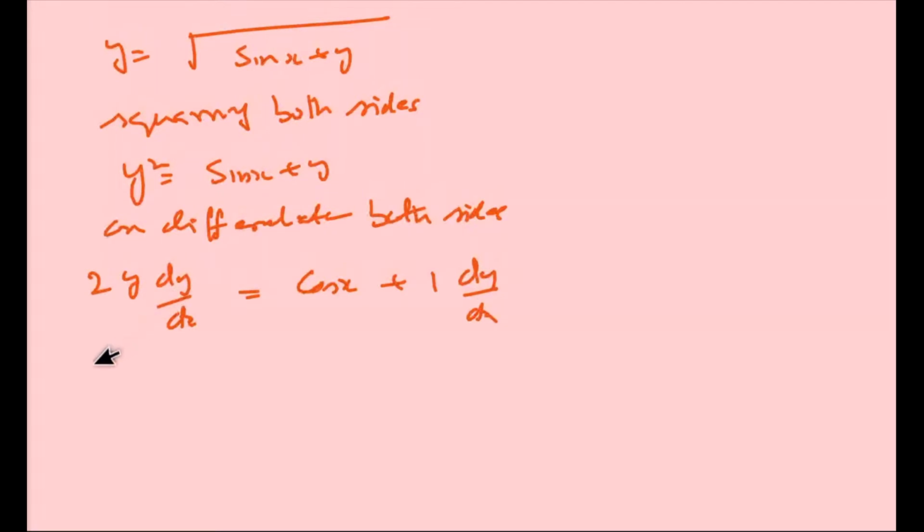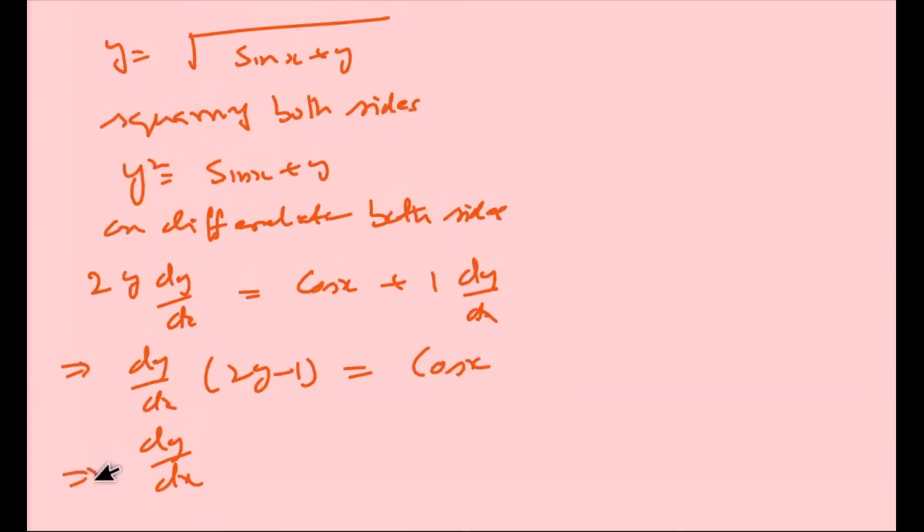Taking dy by dx common, what we get here, 2y minus 1, and right side cos x, therefore dy by dx is equal to cos x upon 2y minus 1. Okay, now it is proved. Do next question.